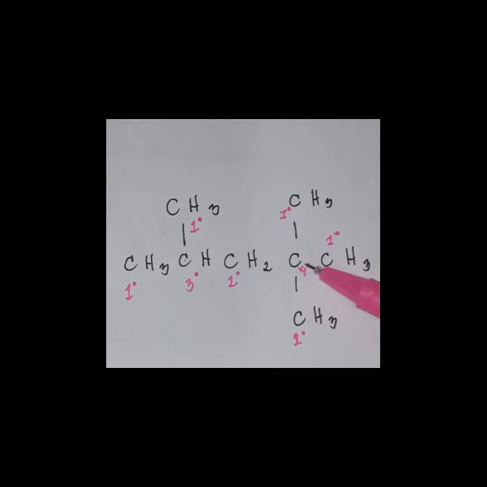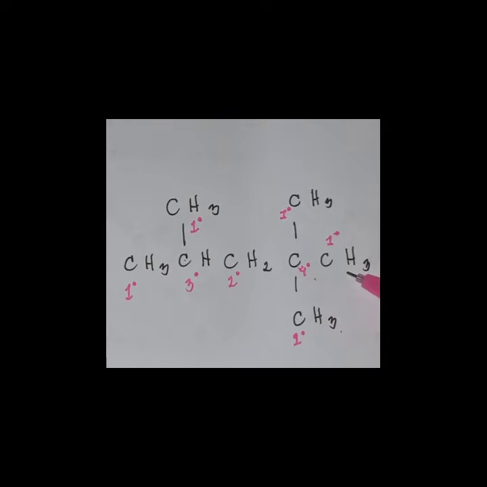We have only one carbon bonded to 4 carbon atoms, which are CH3, CH3 in the down, and CH2. So this carbon is bonded to 4 carbon atoms, so it is identified as a quaternary carbon.